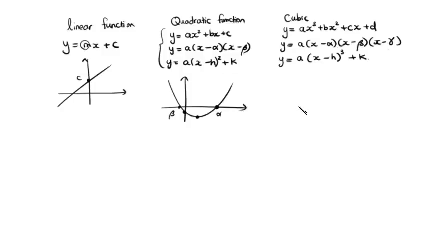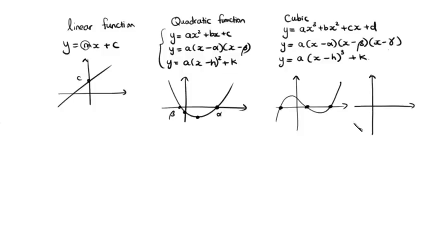So generally, it looks like this, with 3 x-intercepts, but it may not have any, it may just have 2 intercepts. So this one is when it has 1, 2, 3 intercepts.